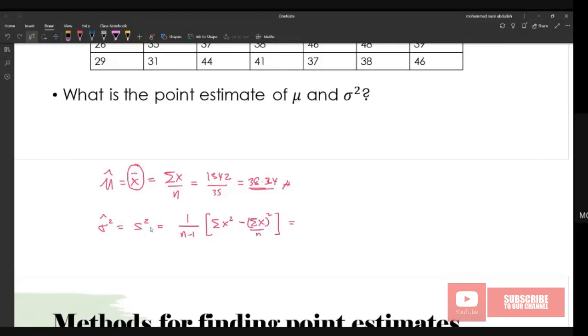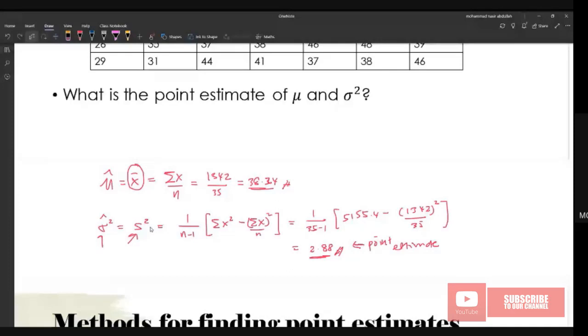Once you plug in the values, 1 over 35 minus 1, and the summation of x squared is 5155.4 minus 1342 to the power of 2 divided by 35, this gives 2.88. So this is the point estimate for the variance, and s squared is the point estimator.